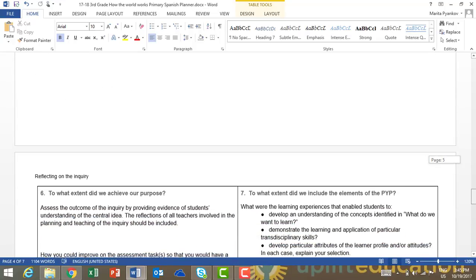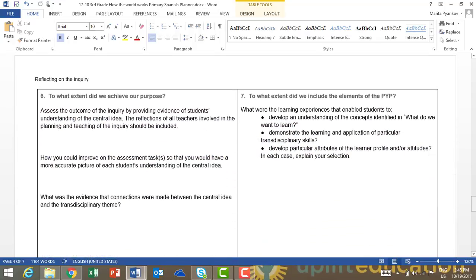And then beyond there, you have your reflection spots again. And this is something that you can fill out as you go and also at the end. Making sure to talk about things, not just about the timing of things and what you think you needed to do differently, but also, did the kids show evidence that they understood the central idea?